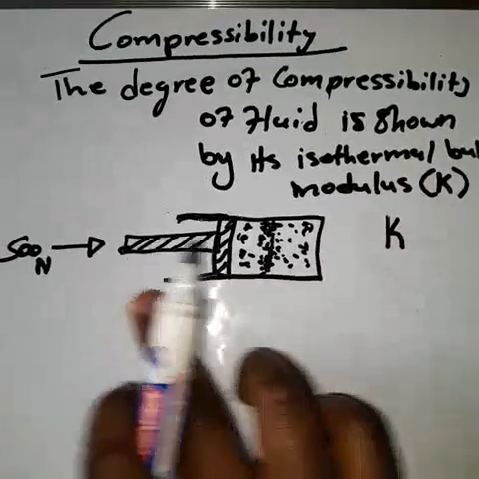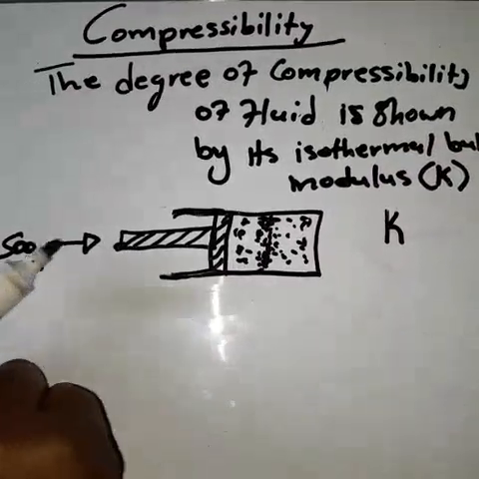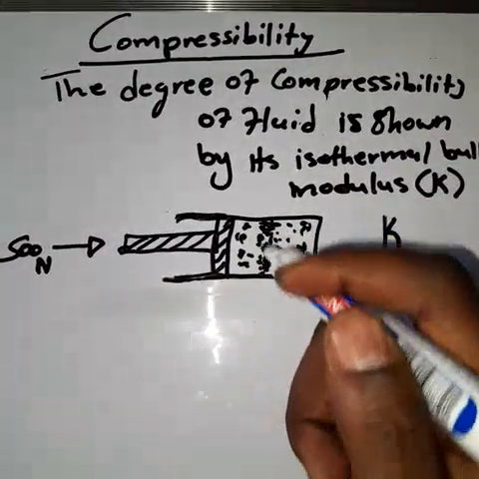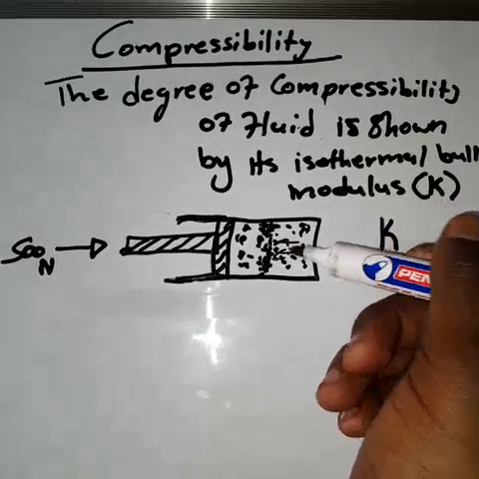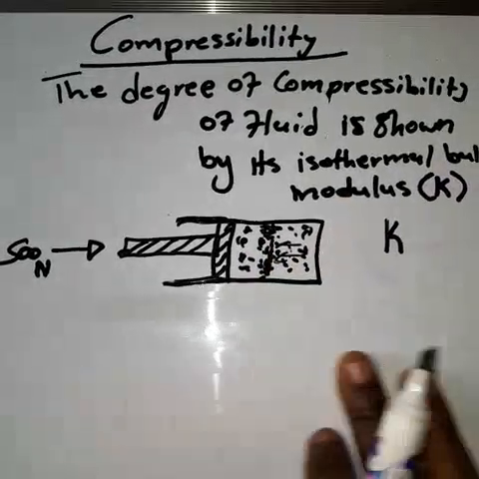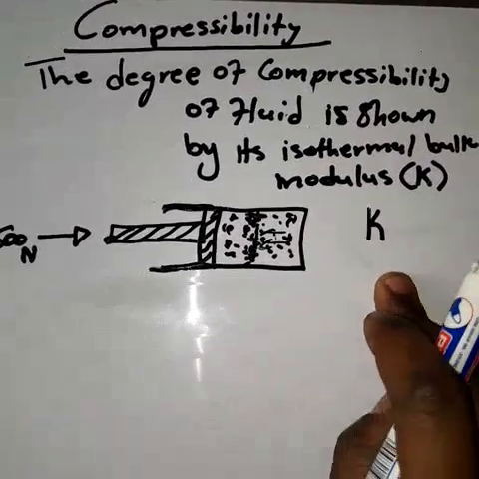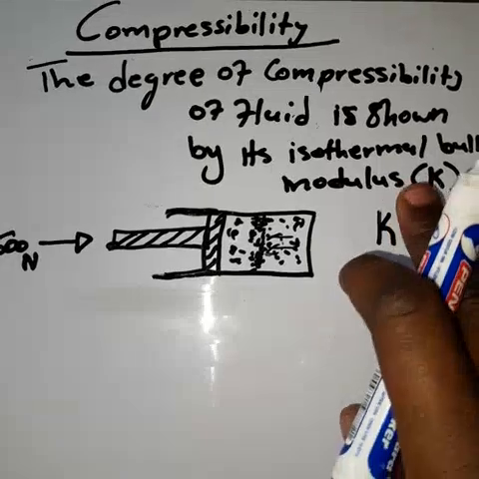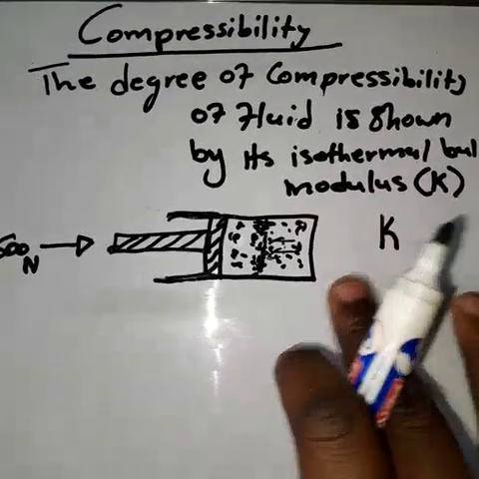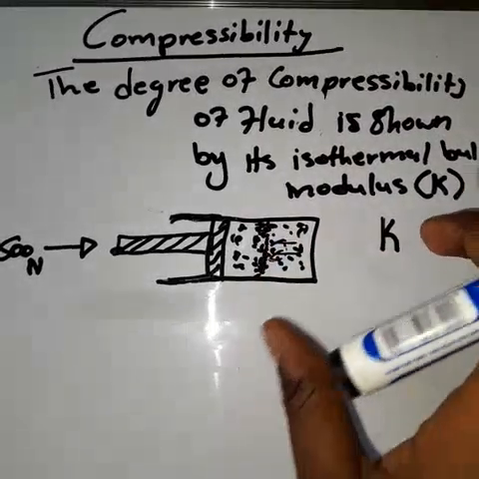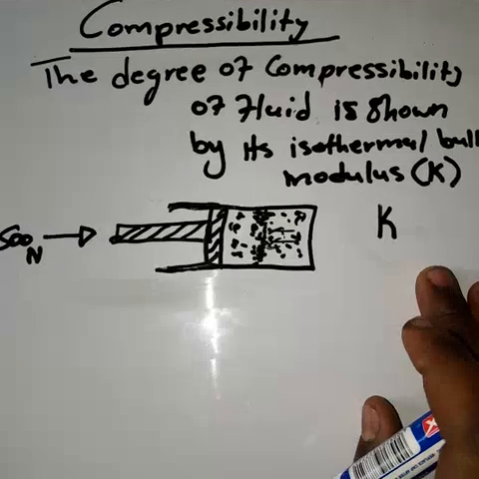How much does it move when I apply the force, and how much pressure will the gas exert on the piston? That compressibility is indicated by the letter K, which is the isothermal bulk modulus.